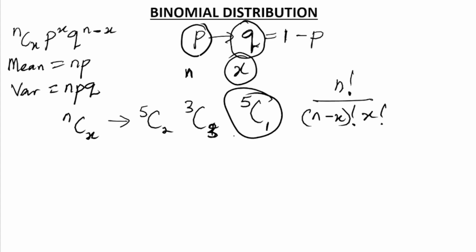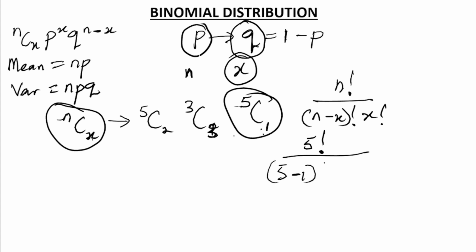So this will be 5 factorial divided by, since n is 5 and x is 1, 5 minus 1 factorial times 1 factorial. That is, we have 5 factorial divided by 4 factorial times 1 factorial.